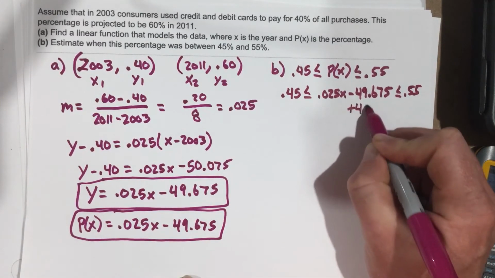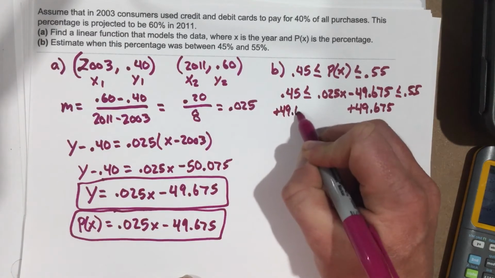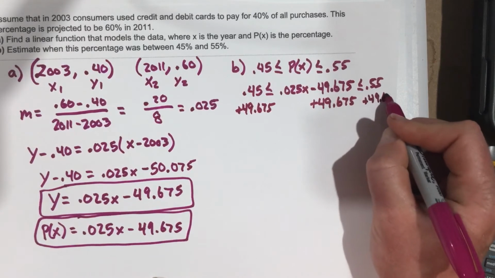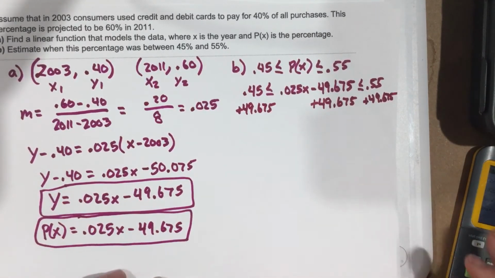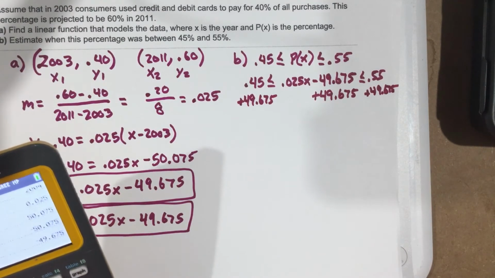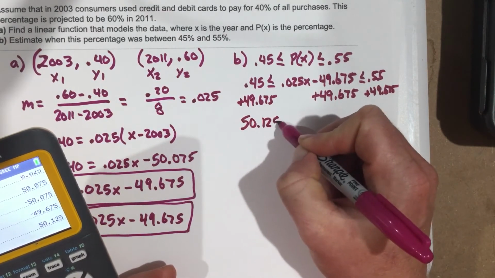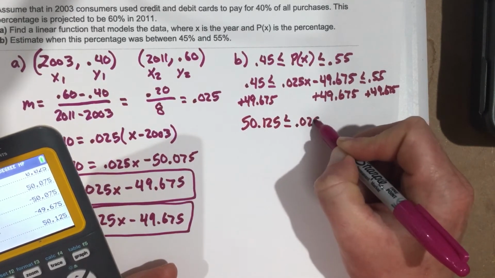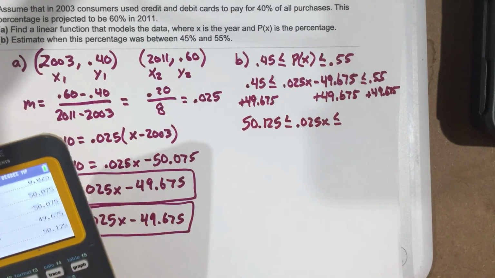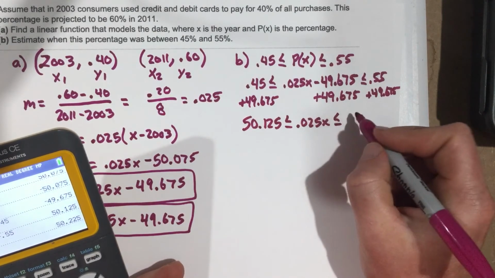So we're going to add 49.675. 49.675 plus 0.45 gives you 50.125, which is less than or equal to 0.025x, which is less than or equal to, if we add 0.55 to 49.675, we get 50.225.